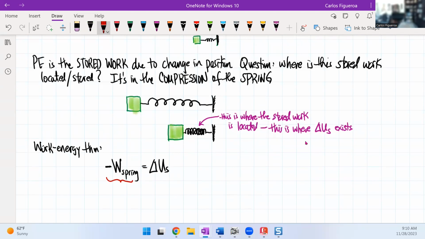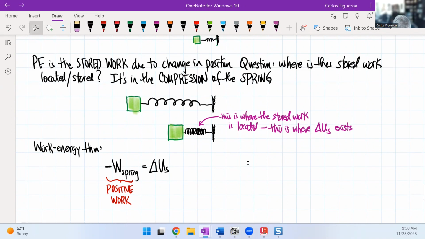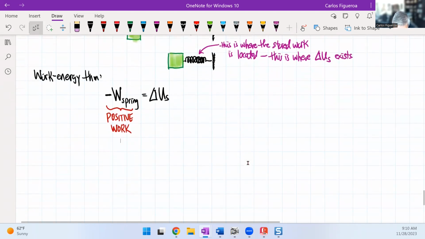This implies that this is a positive work. Even though there's positive work done, note that there's that minus sign. So we have to deal with that minus sign because that becomes very cumbersome. So let's go look at what we mean by that. And the way we do that is we look at the details of the spring force.